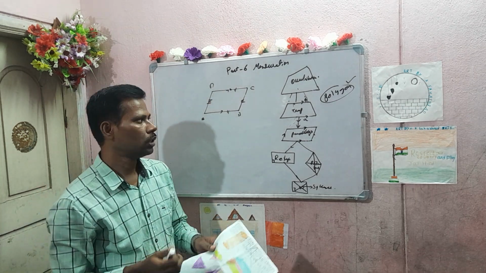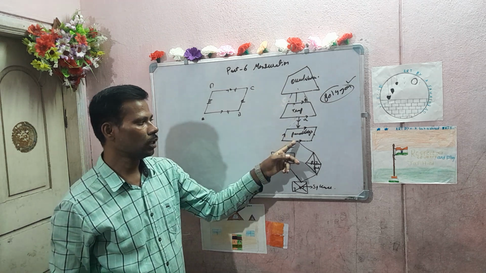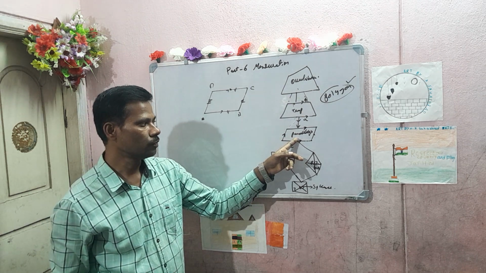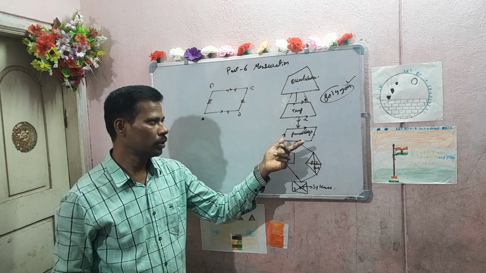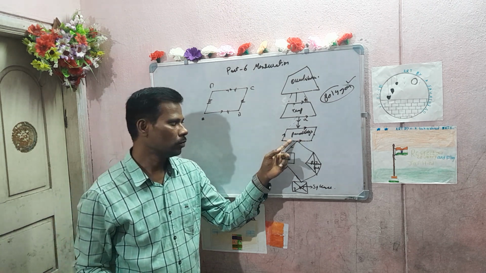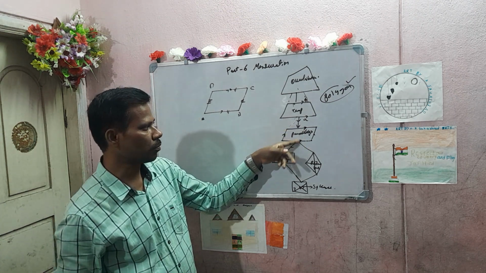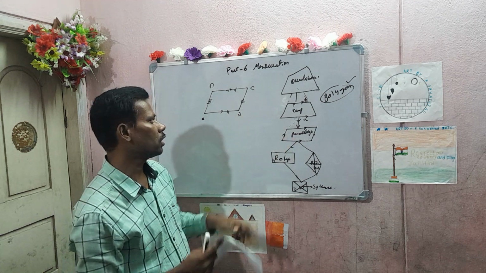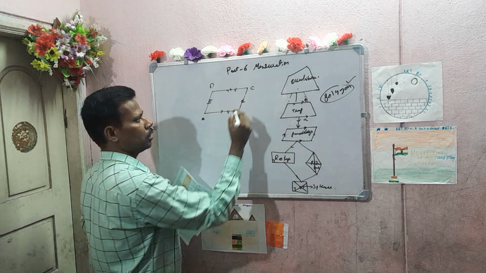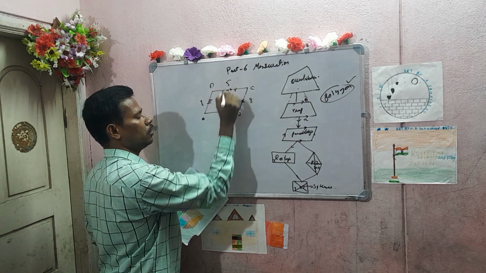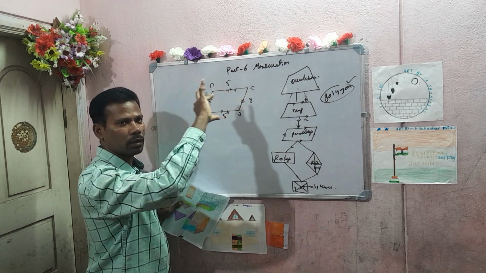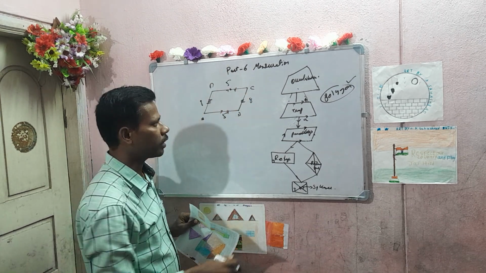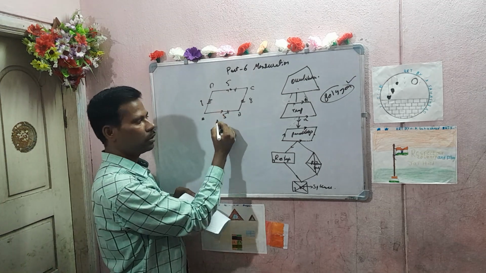So remember, a quadrilateral is a parallelogram in which opposite sides are parallel and opposite sides are equal. That means if this is 8, this is 8. If this is 5, this is 5. And parallel means they will never intersect, like a railway track.